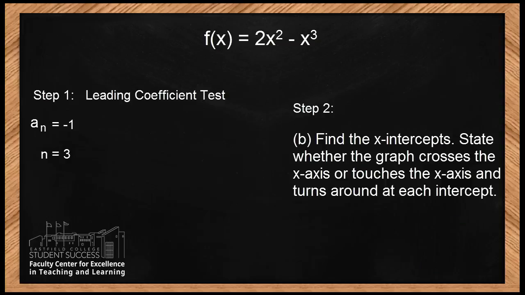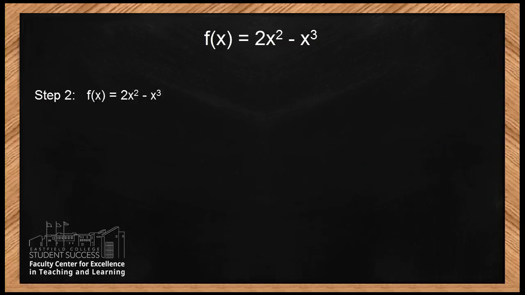Let's look at part B. Part B says, find the x-intercepts. State whether the graph crosses the x-axis or touches the x-axis and turns around at each intercept. Remember, when we're trying to find x-intercepts, we always let our function f of x equal 0.